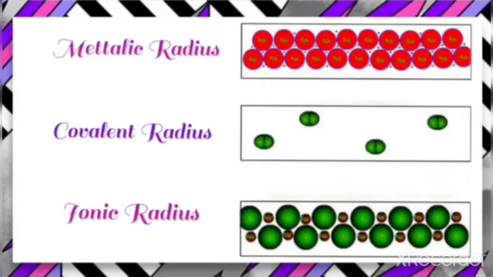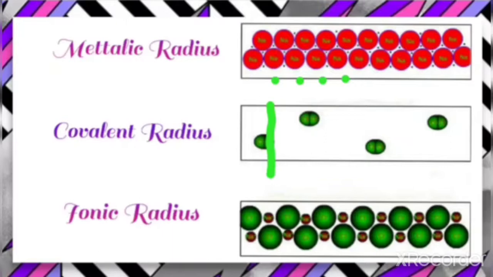Let us compare metallic radius, covalent radius and ionic radius. Metallic radius is half of the internuclear distance between two adjacent metal atoms. Covalent radius is half of the internuclear distance between two atoms bonded by a covalent bond.